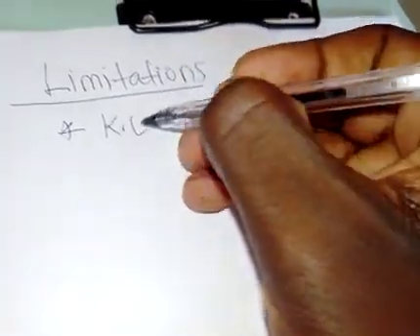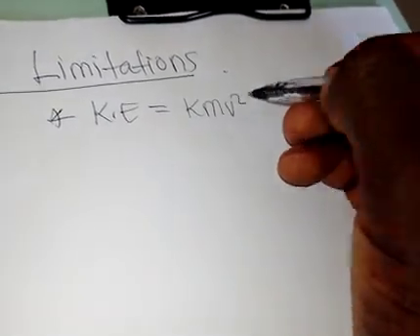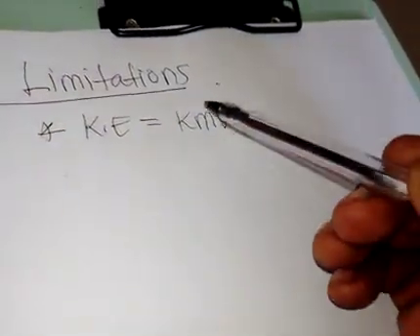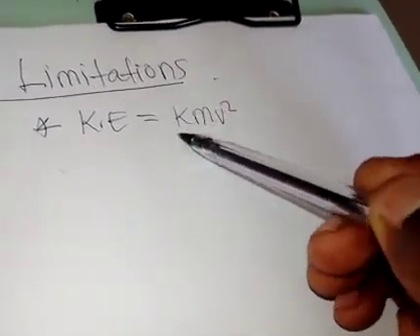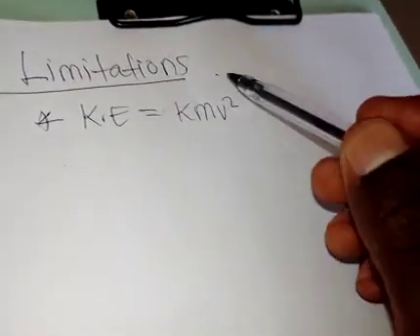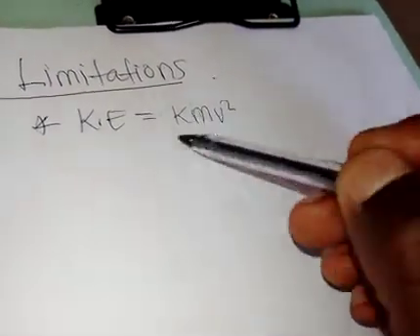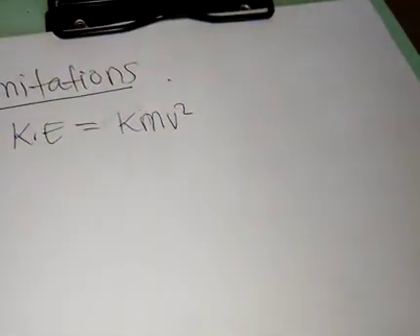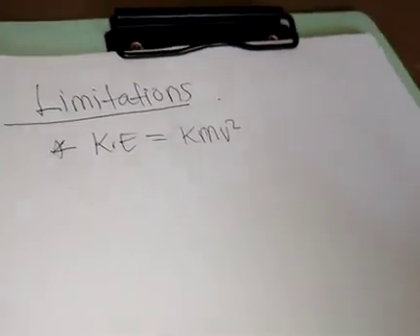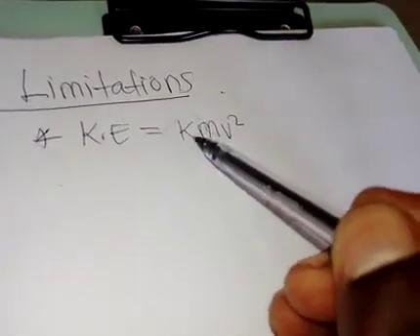Let's say when deriving the formula, we use a constant K and find that the formula for kinetic energy is K mv squared. We can't know anything about the value of K using dimensional analysis, unless more information is given, or if K itself is given.